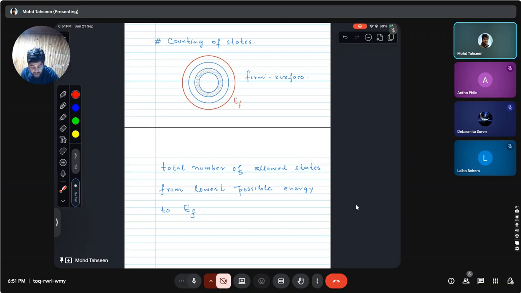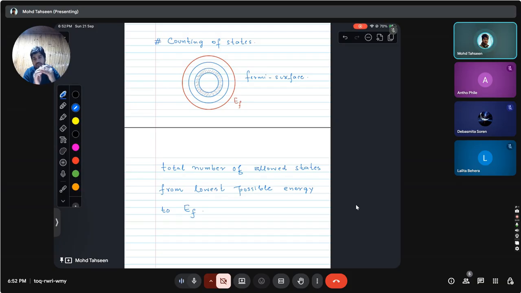Now, I agree that this image is not very intuitive to the actual situation that we are describing. It's not a one-to-one map, but something like this we are going to do. We are going to take the final outer surface, which is the Fermi surface, and up to the Fermi surface, we know that these energy levels are quantized, right? They are not continuous.